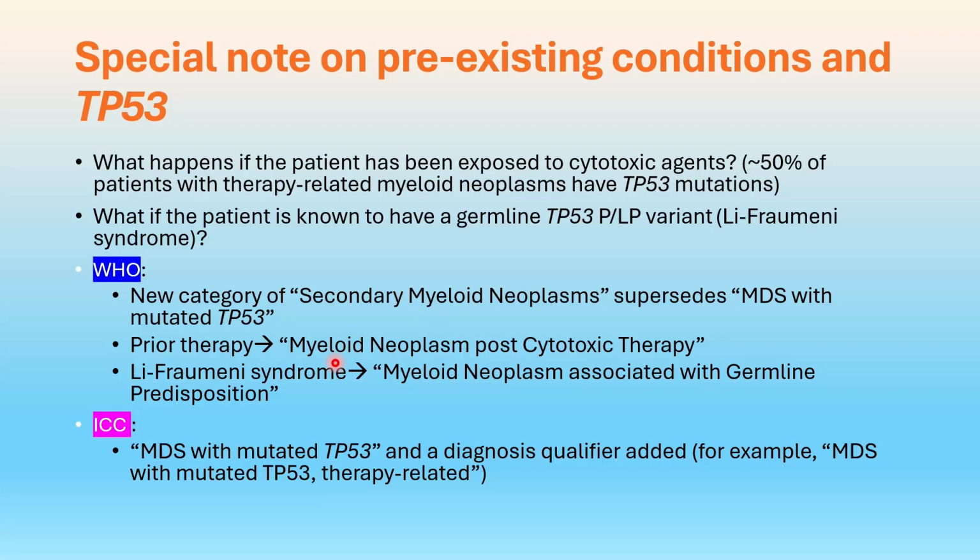We should make a diagnosis of myeloid neoplasm post-cytotoxic therapy, I think with the idea that the history of chemotherapy is so powerful that we don't care about p53 at this point. Now the ICC is telling us that we should keep the diagnosis MDS with mutated p53 and just add a qualifier. So MDS with mutated p53, therapy related, which to me personally makes more sense to do it this way.